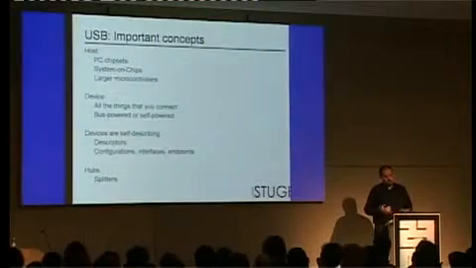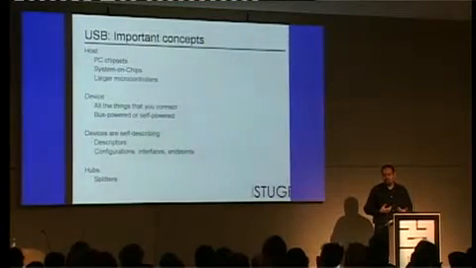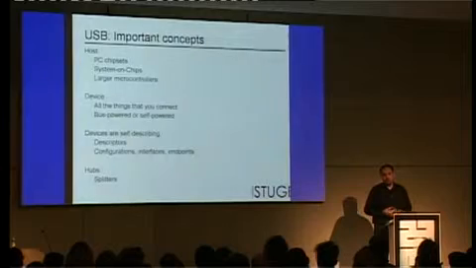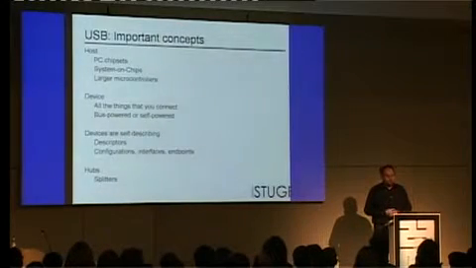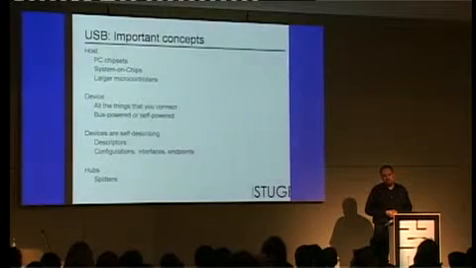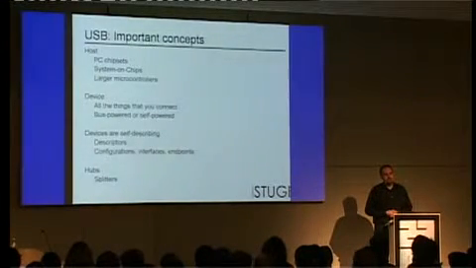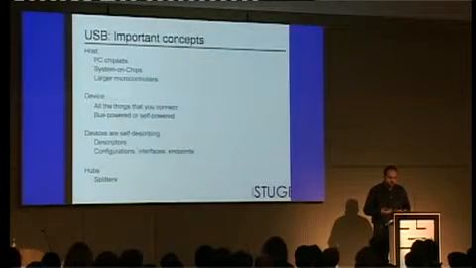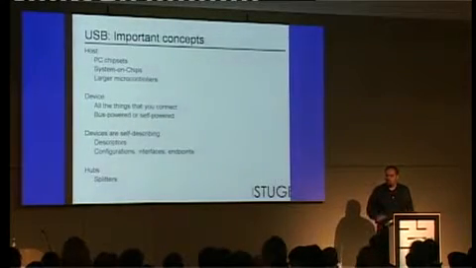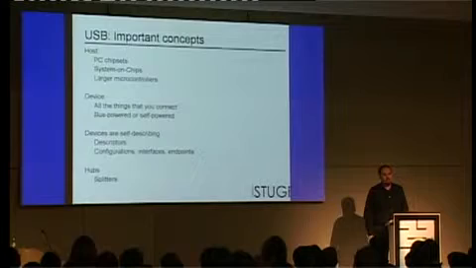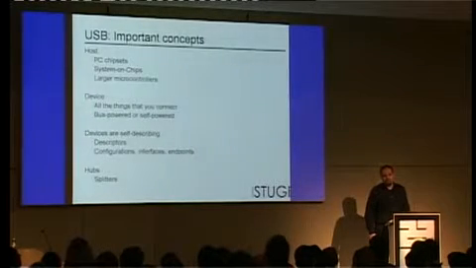And nothing works until you get everything right. So if you're doing your own device development, like we'll do in the workshop later, then it can be a bit annoying because nothing works until you get everything right. But it's not that difficult if you're a little bit careful and you have the USB spec beside you when you're doing the work.